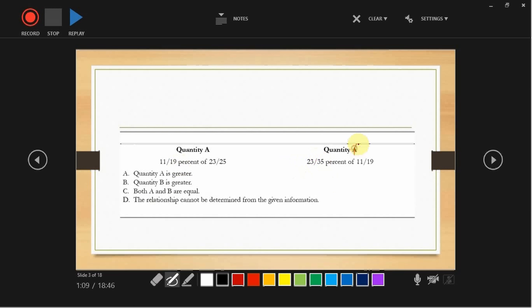Quantity A is 11 by 19% of 23 by 25, so this is A% of B. Quantity B is 23 by 25% of 11 by 19, so this is B% of A. So these quantities must be equal, and our answer must be C.